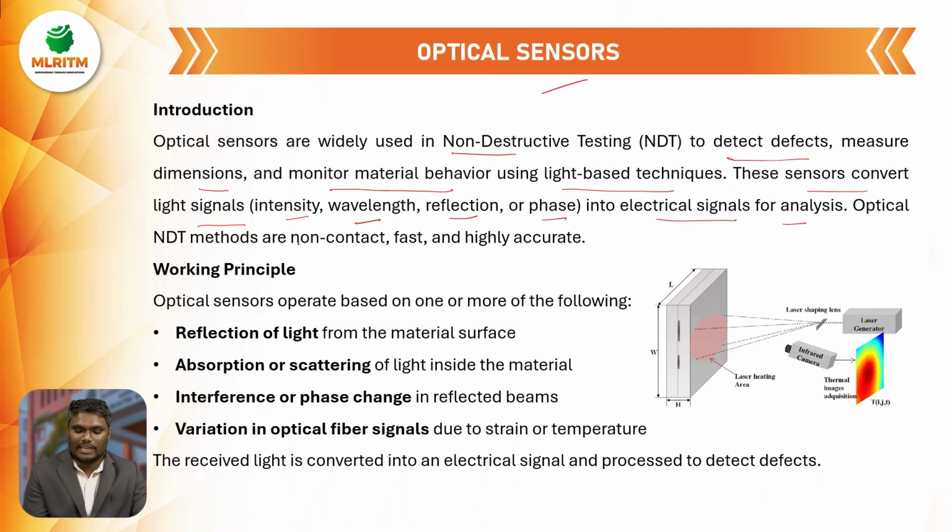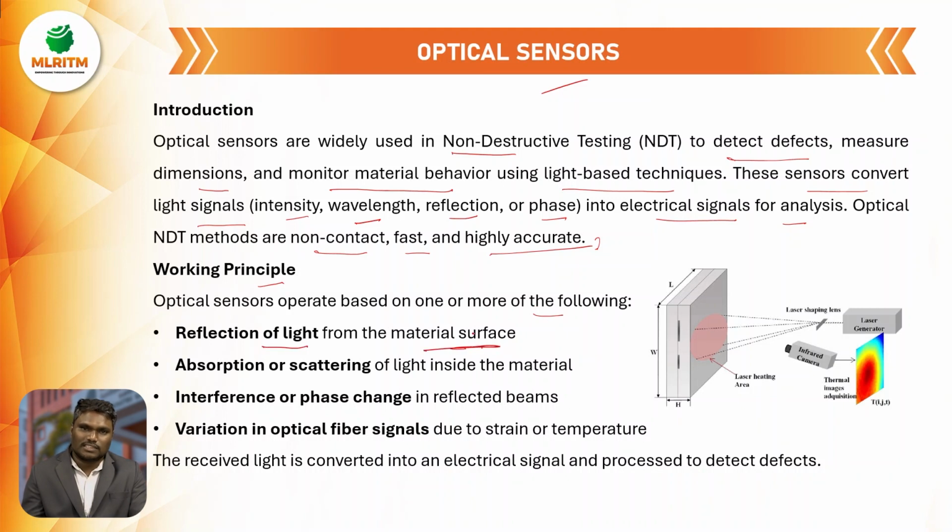These optical NDT methods are non-contact, fast and highly accurate. The working principle behind optical sensors is based mainly on the following. The first one is reflection of light from the material surface.